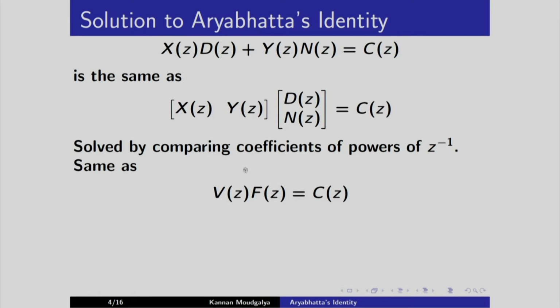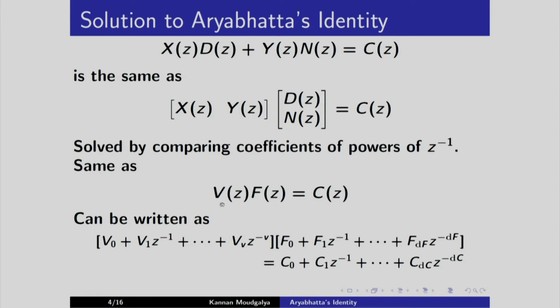We can write this as v into f, this is v, the second term is f, equals c, and I expand this. So v is v naught plus v1 Z inverse and so on. Similarly, f is also split into powers of Z inverse. We do this for c also. We are going to multiply this and compare the coefficients of powers of Z inverse.